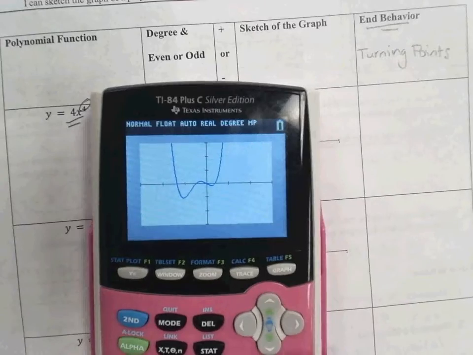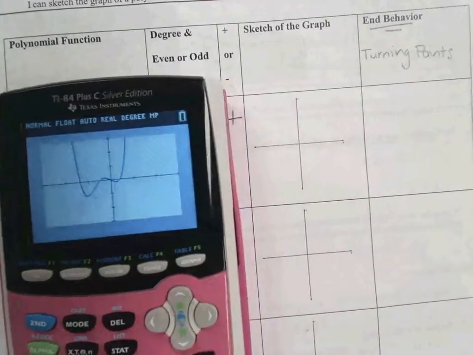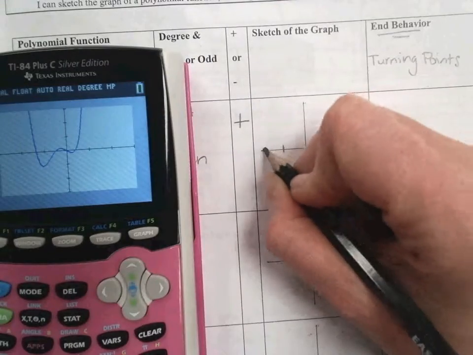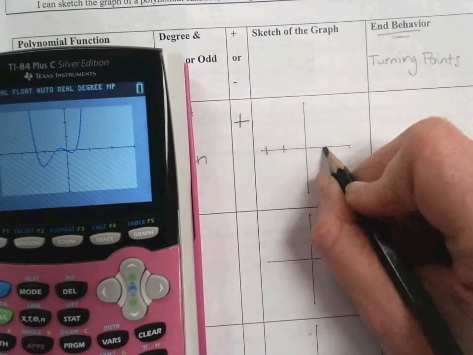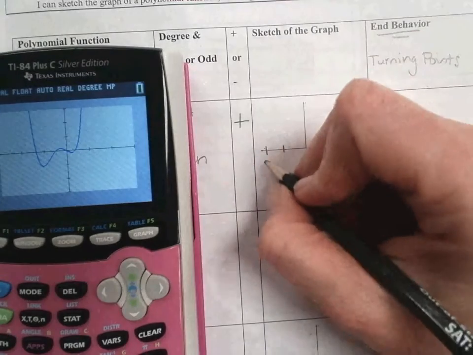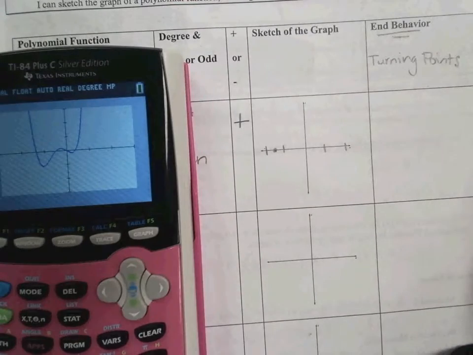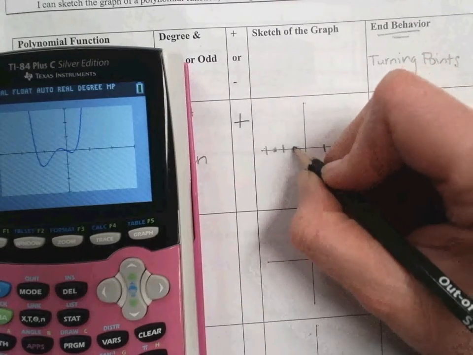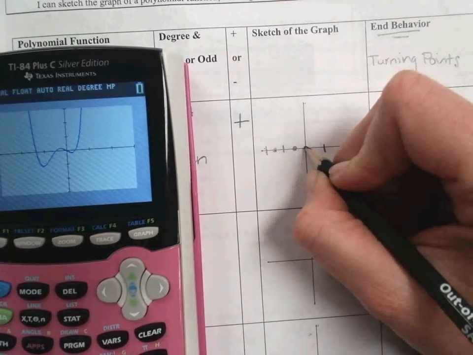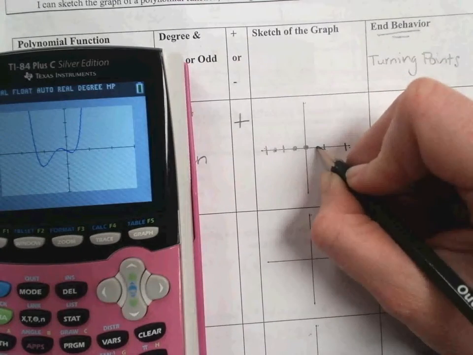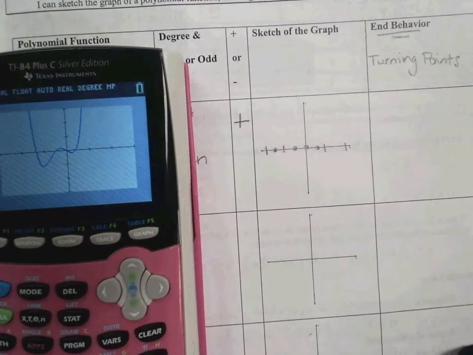Notice the key points here would be the x-intercepts and the turning points and the end behavior. So I notice everything happens between -1 and 1. So I'm going to go here between -1 and -2. It looks like there's another point here at about -1/2, the origin, and then again at about 1/2.